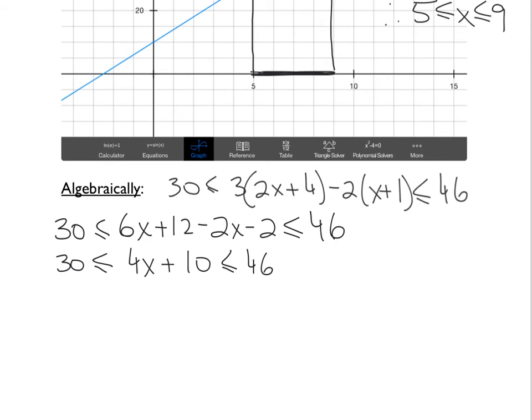Okay, so now what do we want to do? We want to get rid of this 10 so we can isolate x. So first thing, when you have this situation, we want to do it on both sides. So we're going to subtract 10 from here, and we're going to subtract 10 from here.